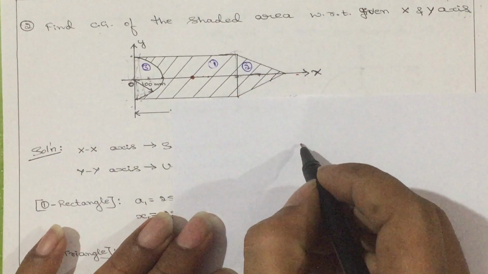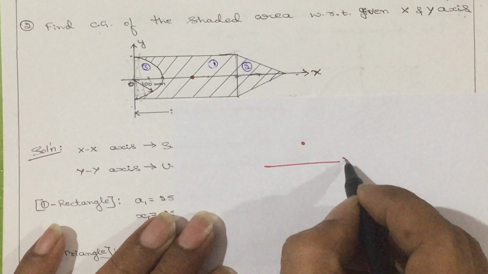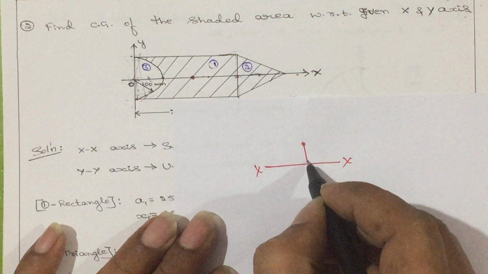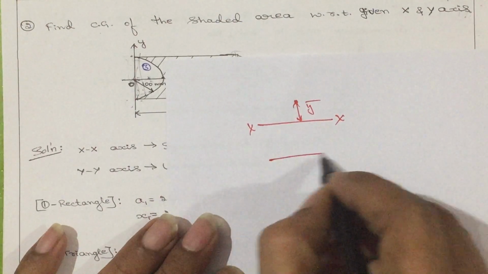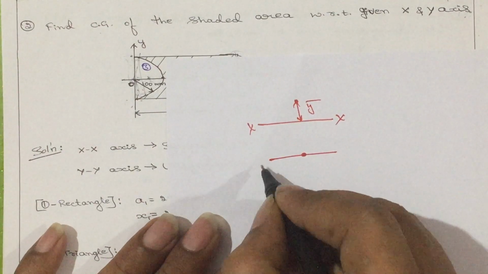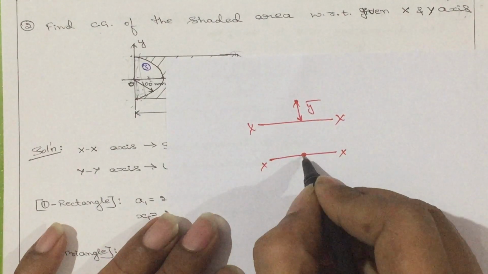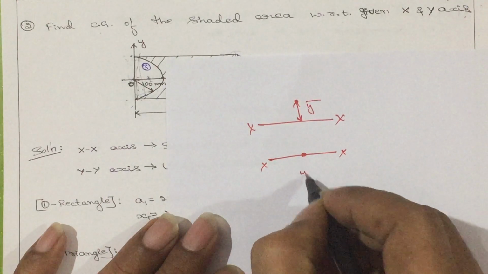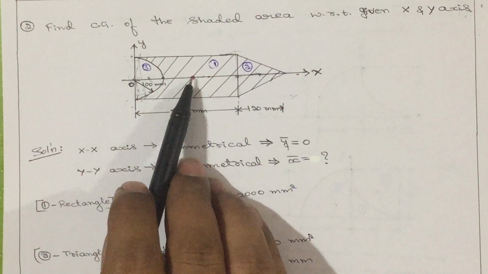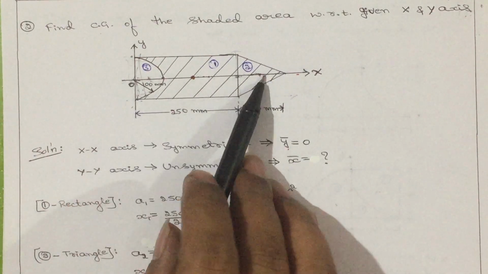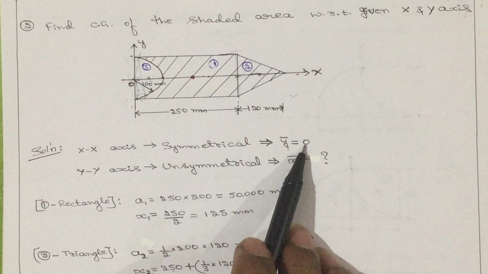See here, if the centroid is here and the x axis is here, then you get this much as the y bar. If the centroid lies on that line, then y bar will become 0. Here also the centroid and the axis are on the same line, so y bar will become 0.